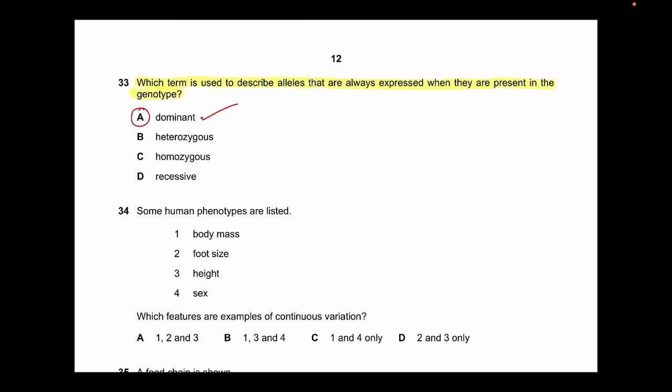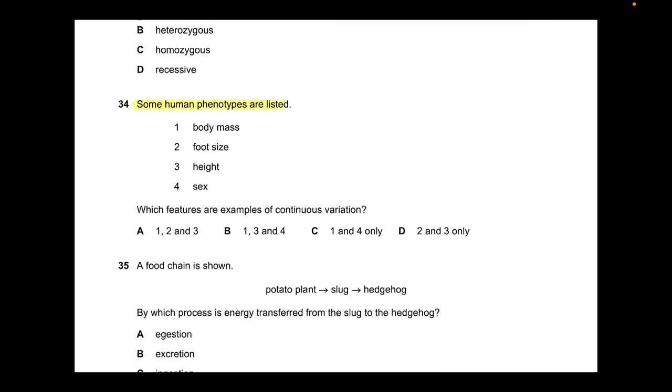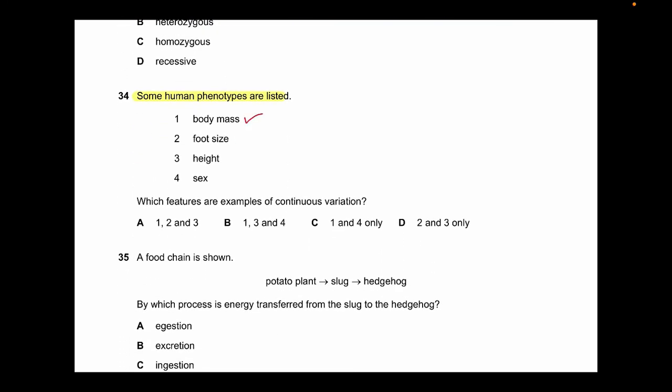Some human phenotypes are listed: body mass, foot size, height, sex. Which features are examples of continuous variation? Continuous variation is caused by both the environment and genetics. So body mass is one of those.